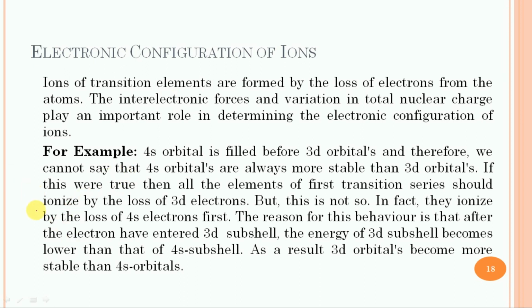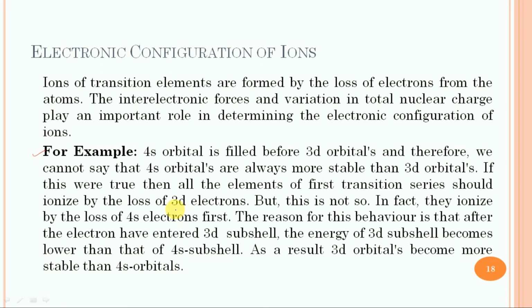For example, the 4s orbital is filled before the 3d orbital, and therefore we cannot say that 4s orbitals are always more stable than 3d orbitals. If this were true, then all the elements of the first transition series should ionize by loss of 3d electrons, but this is not so. In fact, they ionize by loss of 4s electrons first.